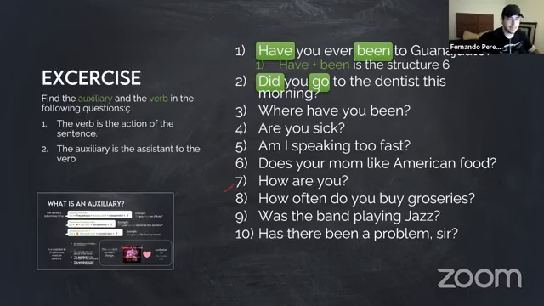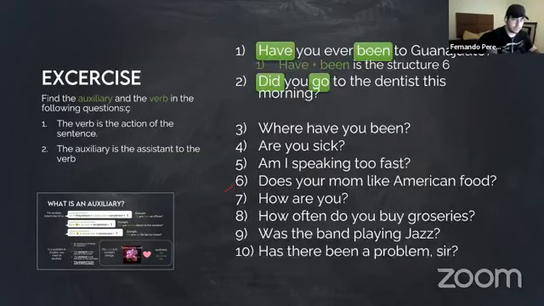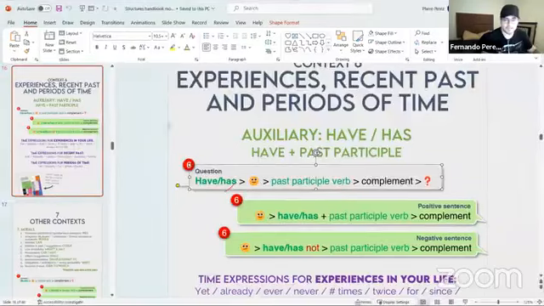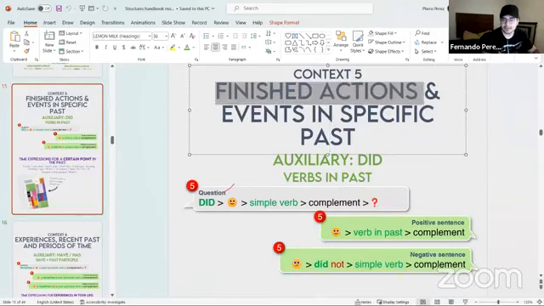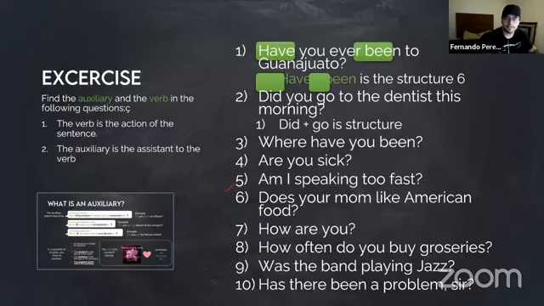Very good. When you are talking about did plus go, you are talking about structure number 5 in the Structures Handbook. Finished actions, events in a specific past. Did plus simple verb. Okay?